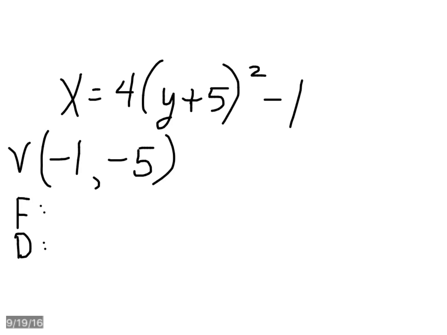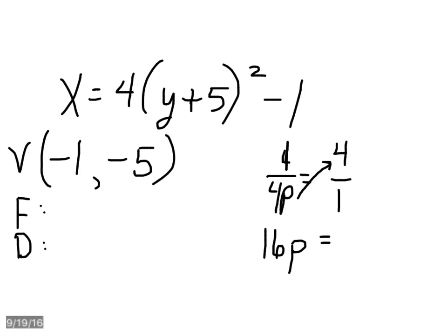What number do I put 1 over 4p equal to? What number's in the front? 4. It's 4 over 1 if it's not set up in fraction form. So now cross multiply. What's 4p times 4? 16p. What's 1 times 1? How do I solve for p?